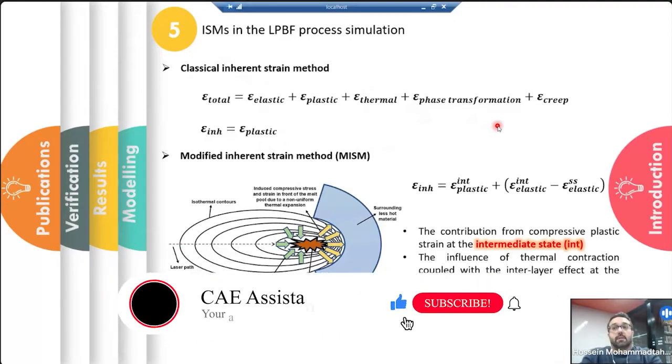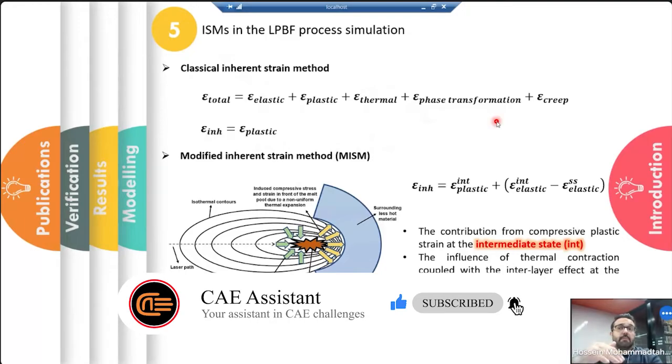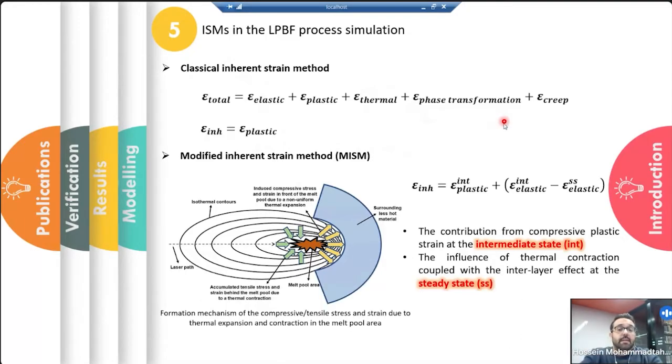This causes the stress development and the elastic deformation in the lower deposition to be affected by the layer by layer contraction of the upper deposition.